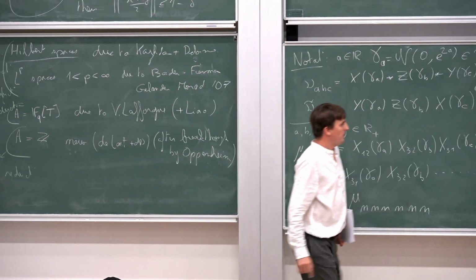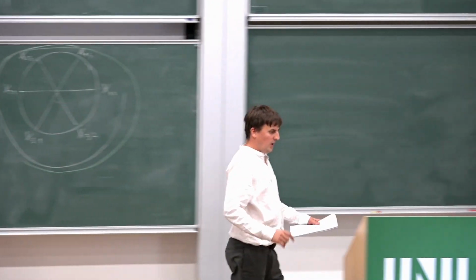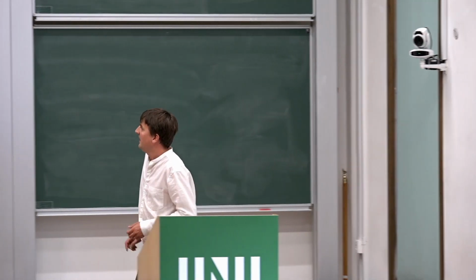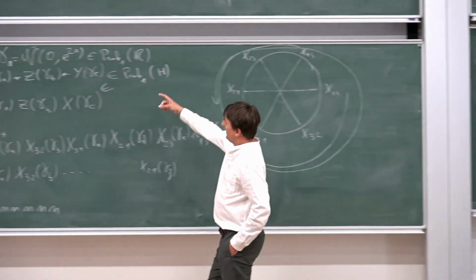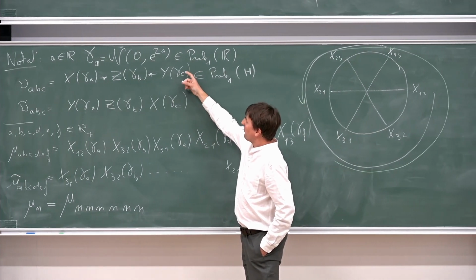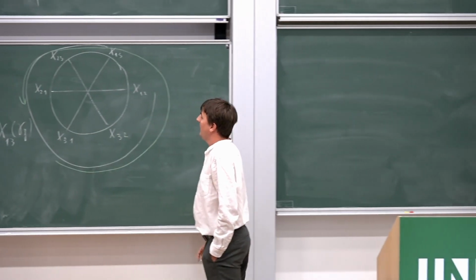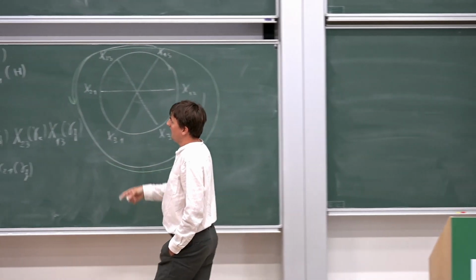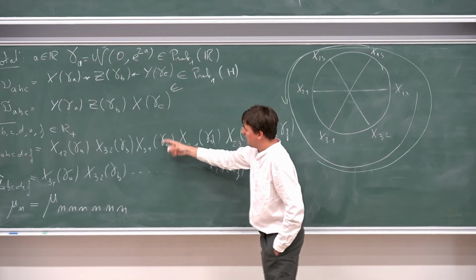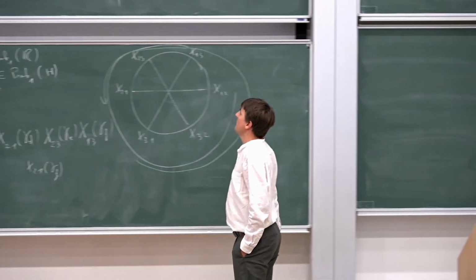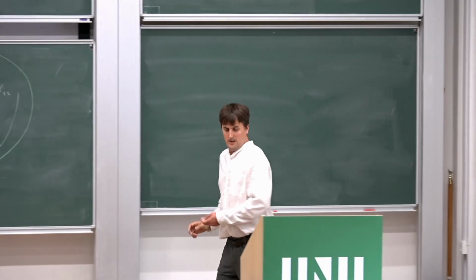But my goal now is to explain what you can say about the actions of H on uniformly convex spaces, and how this can be used to say something for G.